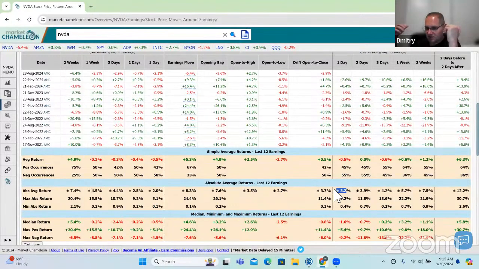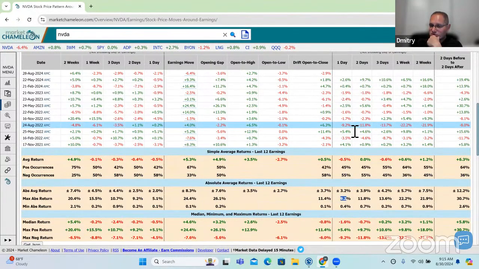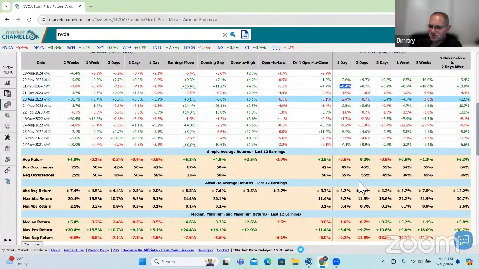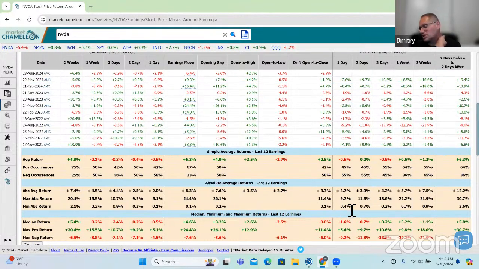So what is the highest move? Well, that was 9.2%. That's this one. See, it was down 9.2%. What about the lowest move? Well, that's 0.4%. That would be up here, 0.4%. So what this indicates is that the average volatility could be significant, another 3% move.